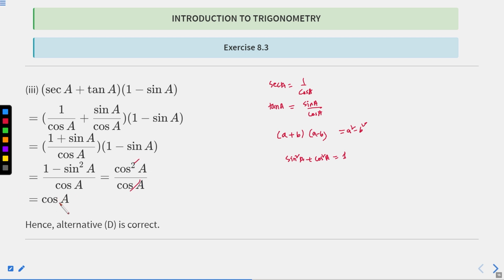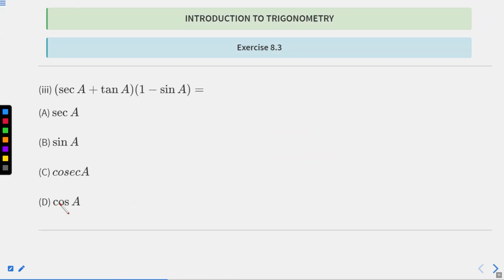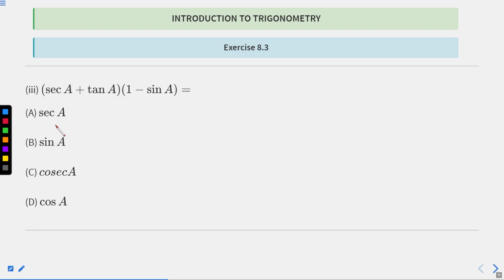So let us see which option is correct. In question number 3, option A is sec a, option B is sin a, option C is cosec a, and option D is cos a. After simplifying, (sec a + tan a)(1 − sin a) is equal to cos a.